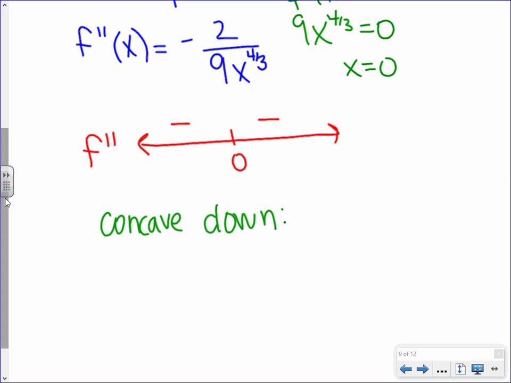No, there's no curvature at 0. So you have to break this up into 2 different intervals. Do we have a point of inflection? We do not. Our second derivative does not change sign, which means our function does not change concavity.